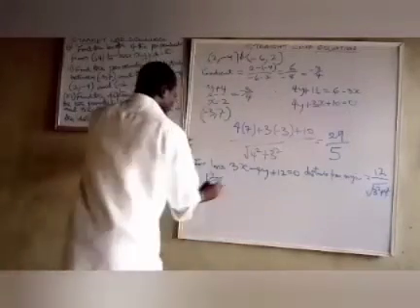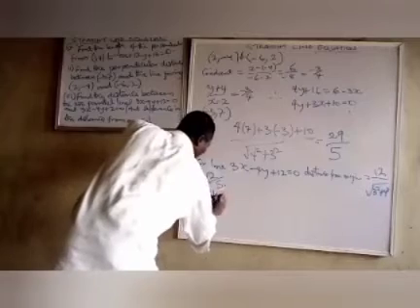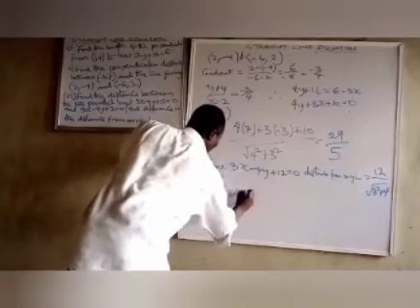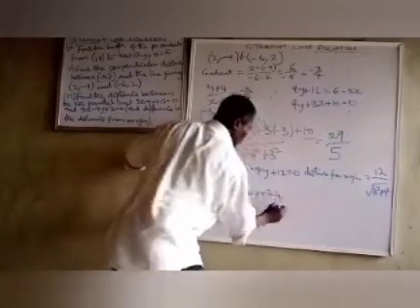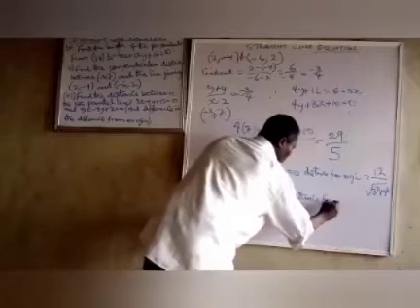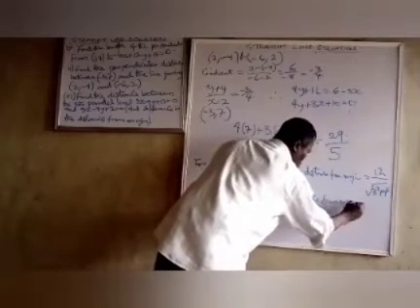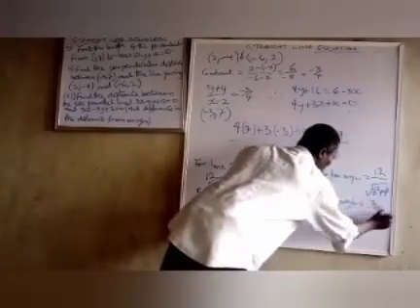For the second line, the distance from the origin will be equal to 2 over 5.